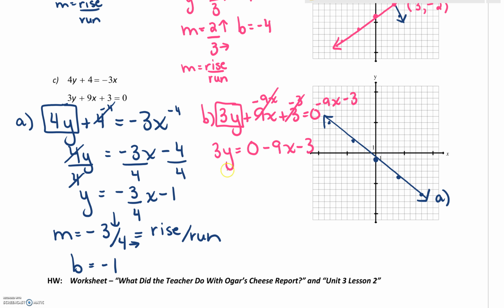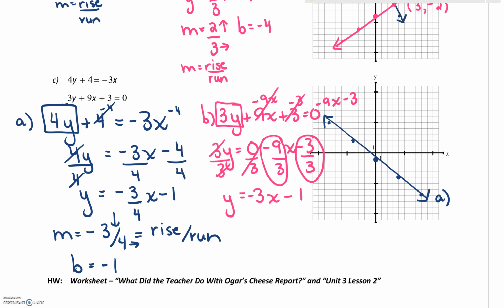And I don't really need the 0, so I'm just going to start by dividing everything by 3. I'm going to scratch out that 0 divided by 3. If you try it on your calculator, 0 divided by 3 is 0. So we end up with y equals negative 9 divided by 3 is negative 3x. And negative 3 divided by 3 is negative 1.